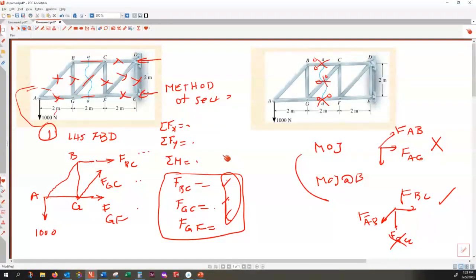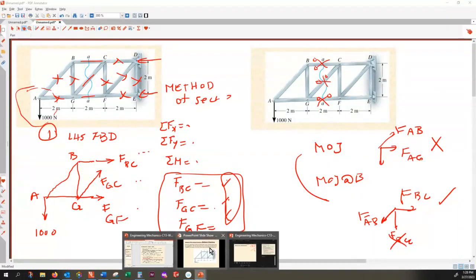Case by case, you have to make a strategy. Sometimes method of joint is better. Sometimes you have to find the reaction, and you would be better off with the method of section. Sometimes you would be better off with the method of joint. All right, so all good.